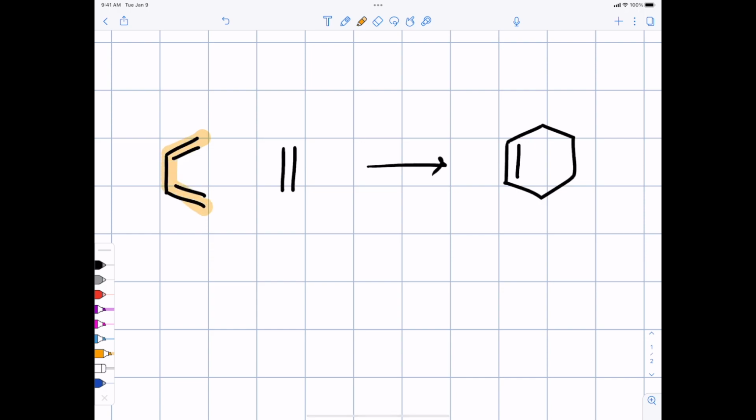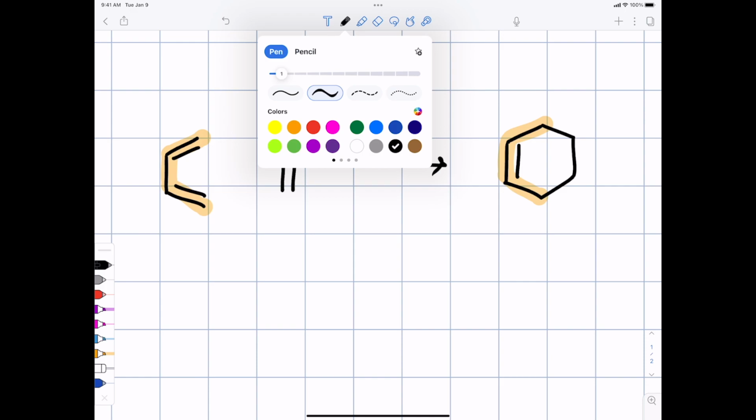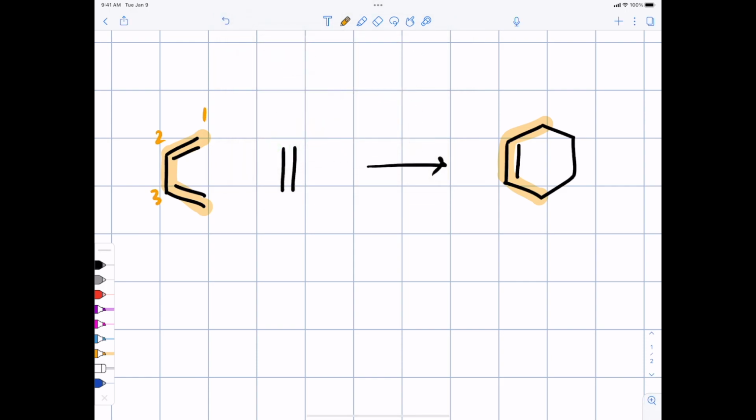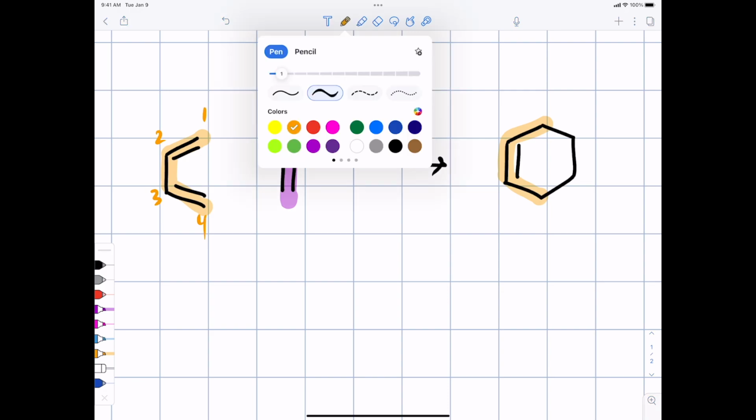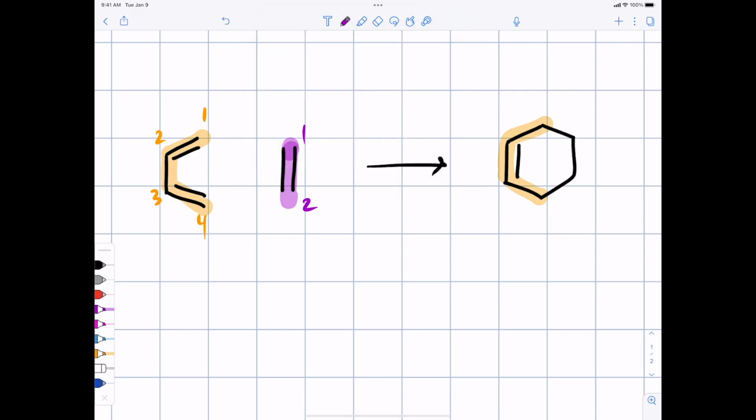Here are the 4 atoms of our orange molecule, here are the two atoms of our purple molecule, and here are our new bonds that we make. There's the pi bond, and there are the two new sigma bonds. The product of a Diels-Alder reaction is always a cyclohexene ring.